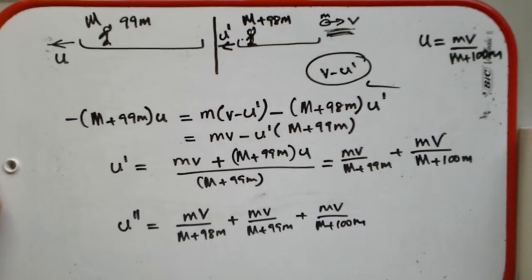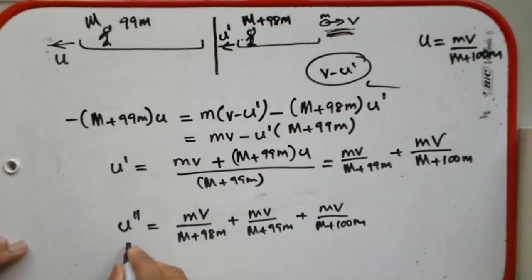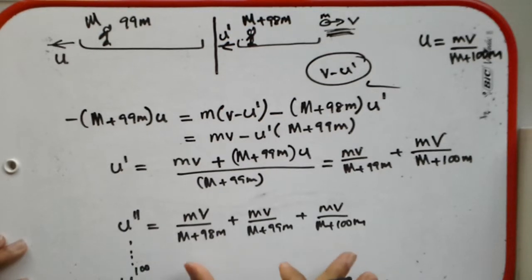From here you can guess, if you throw all the 100 marbles, what would be its speed. I'll say u100. From this pattern you can immediately come to that conclusion.